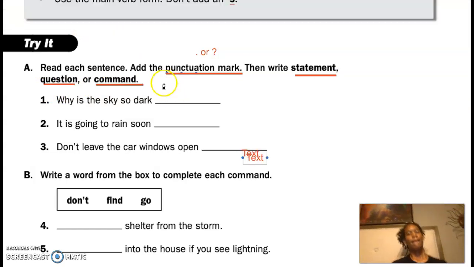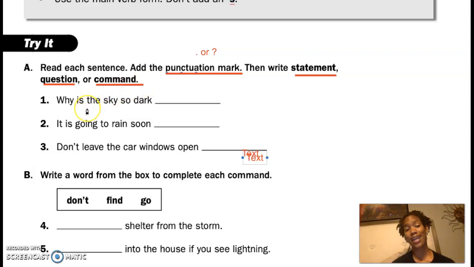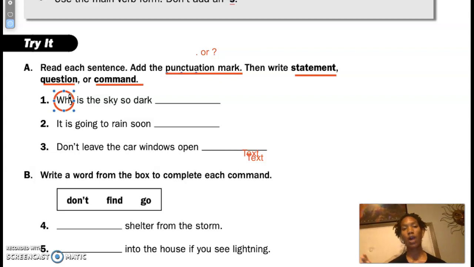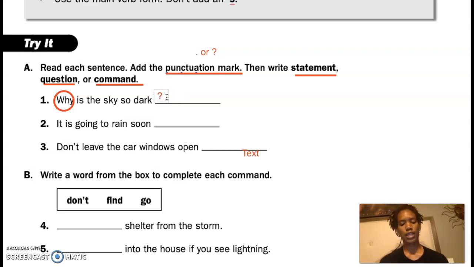All right. Number 1, why is the sky so dark? Right? Look, we have our question word. Remember who, what, when, where, how, why. So that means this is a question. All right. And that means that we have to put a question mark, and then we say that this is a question.